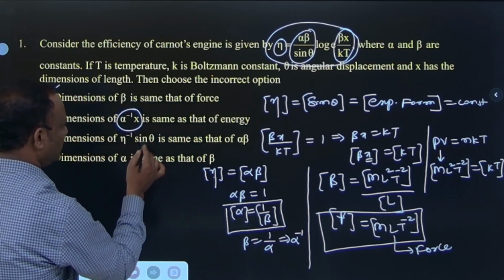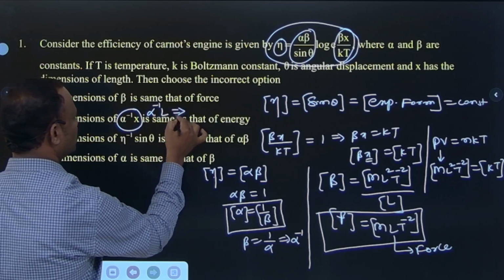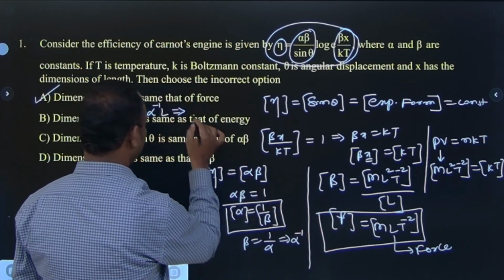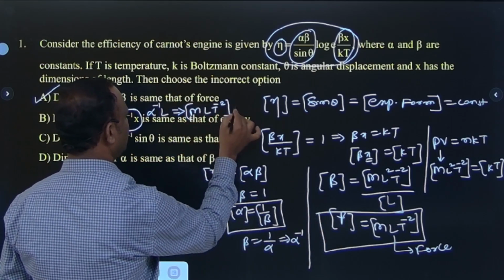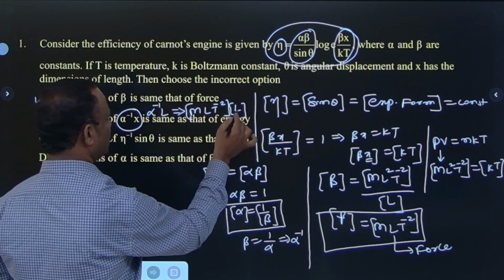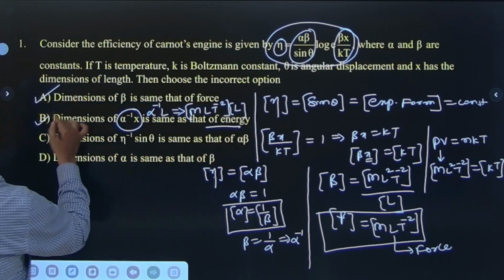So alpha inverse into x, where x is L. Alpha inverse is MLT minus 2, again into L. So this becomes ML square T minus 2, the dimension formula of energy.